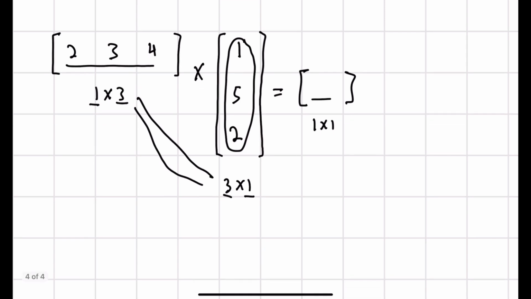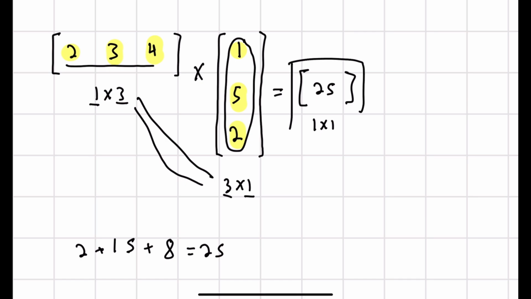So we have 2 times 1, which gives us 2, plus 3 times 5, which gives us 15, plus 4 times 2, which gives us 8. And this results in 25. So our final answer is a 1 by 1 matrix with 25.